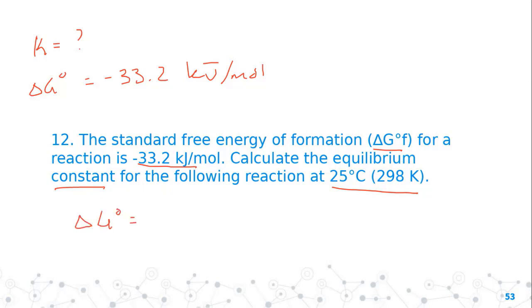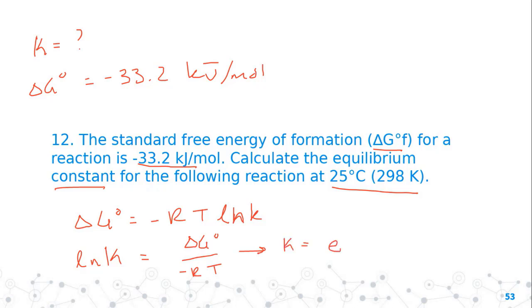Delta G naught equals negative RT ln K. Oops, that's an N. So let's find K. ln K is equal to delta G naught divided by negative RT. And then K is equal to e to the negative delta G naught over RT.